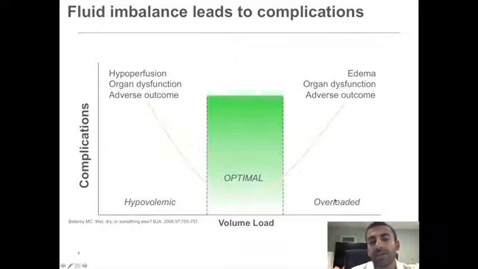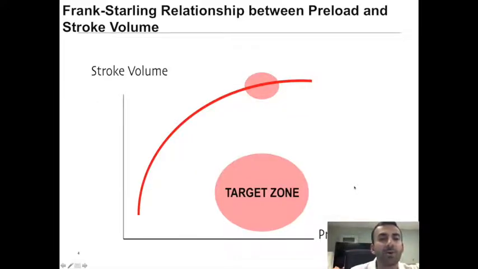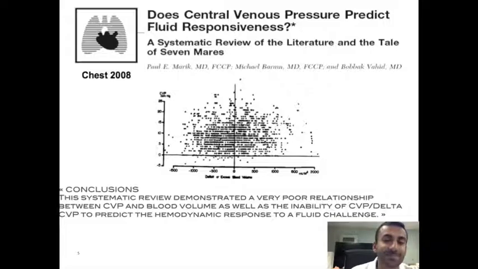Again, we want to try to identify patients in this target zone, where they're not hypovolemic or fluid overloaded, going back to the Frank-Starling curve, positioning them such that they've maximized their stroke volume without getting unnecessary preload. CVP's ability to identify patients on their Frank-Starling curve and get them to this point right here has been shown to be wildly inaccurate.